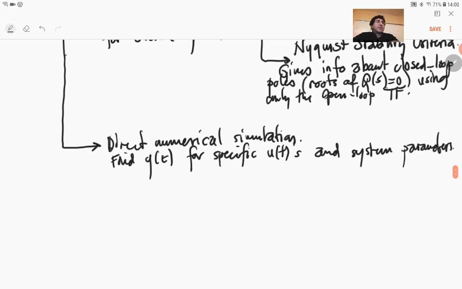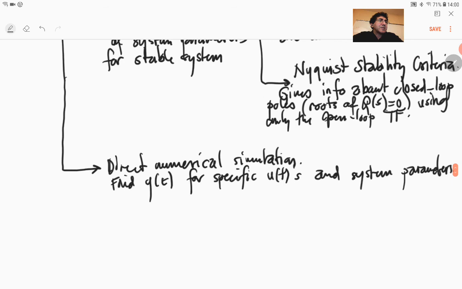The bad thing about this is that you have to have many trials by giving different values to different parameters, trying different inputs and so on. So you cannot get a generic result about a system, but you have results for specific instances of the system and specific instances of the input.